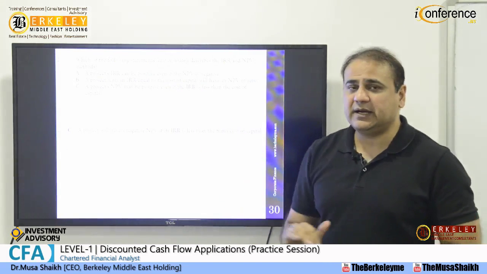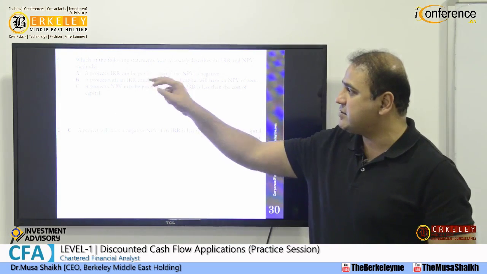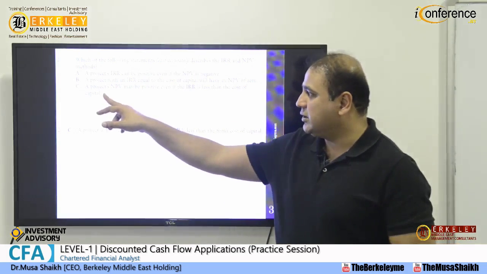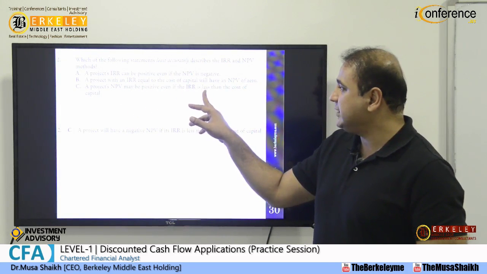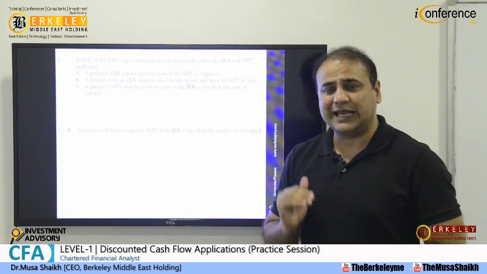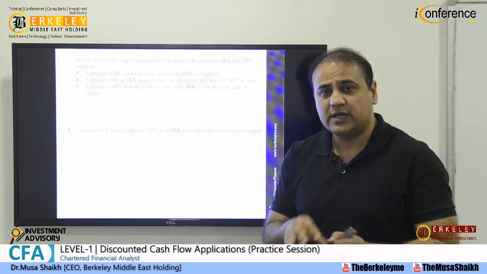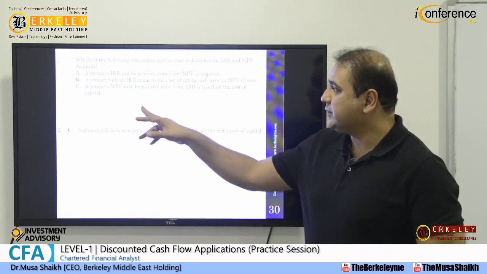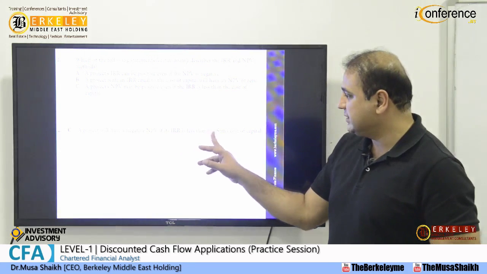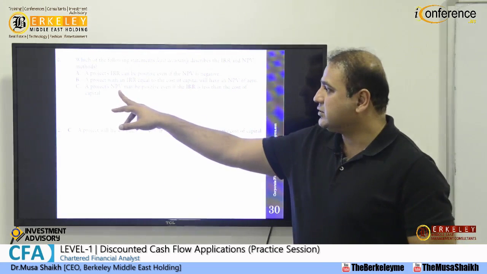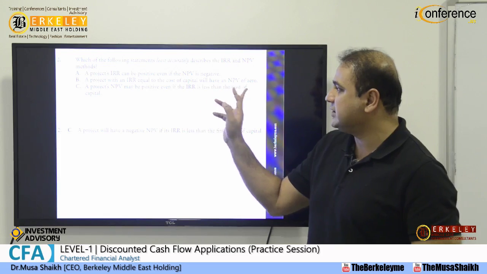Which of the following statements least accurately describes the IRR and NPV methods? If you see option C, a project's NPV may be positive even if the IRR is less than the cost of capital.